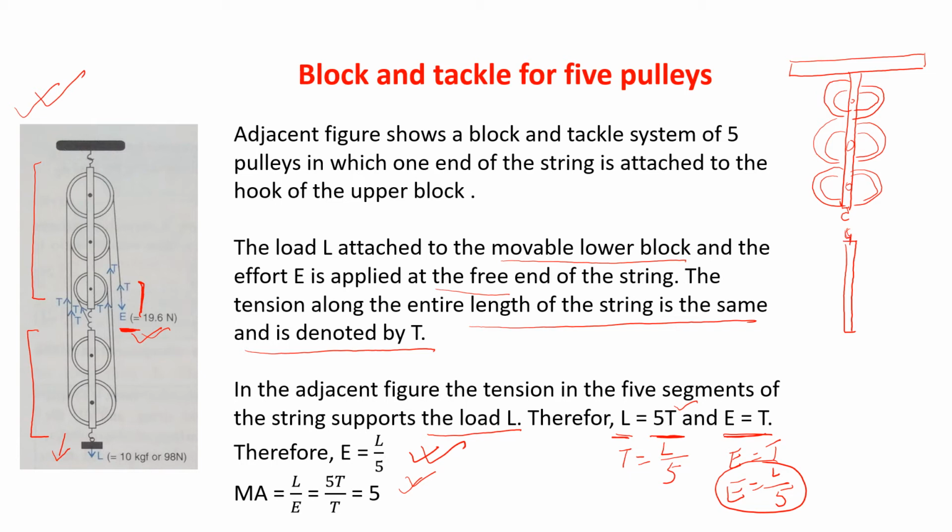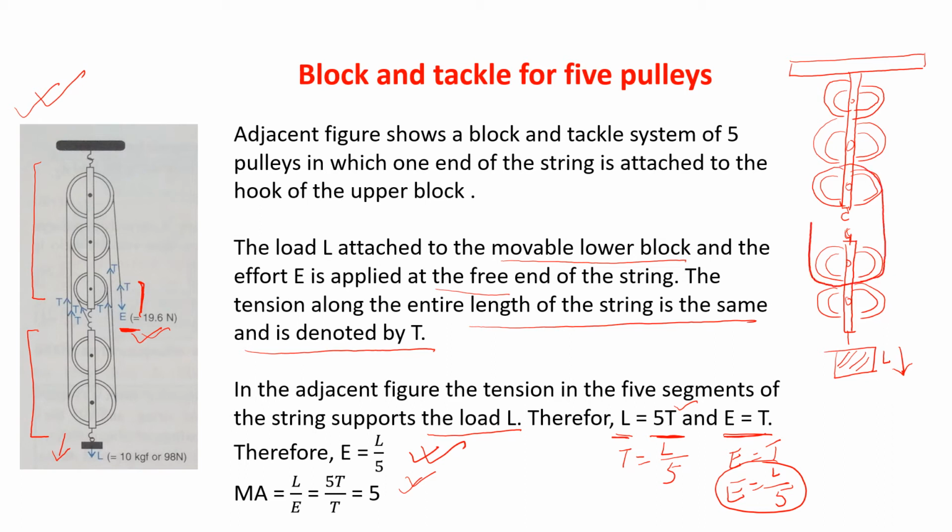Okay. Now this one is having 2 pulleys, and there will be a load. Now the string, you have to start the string attached from here. Here to here it will go. Now from here it will come here.